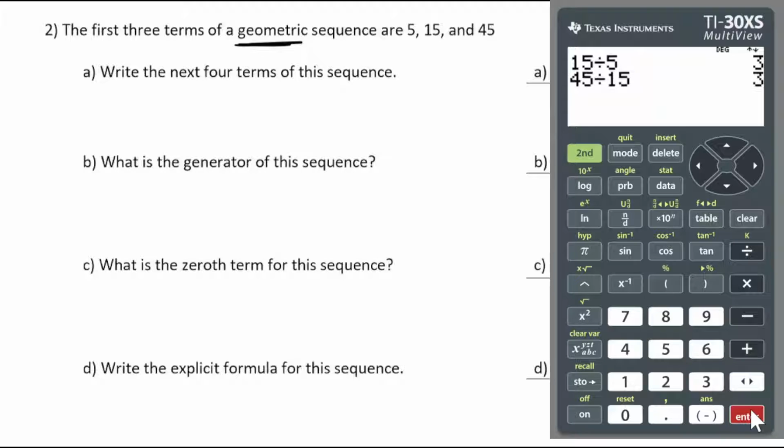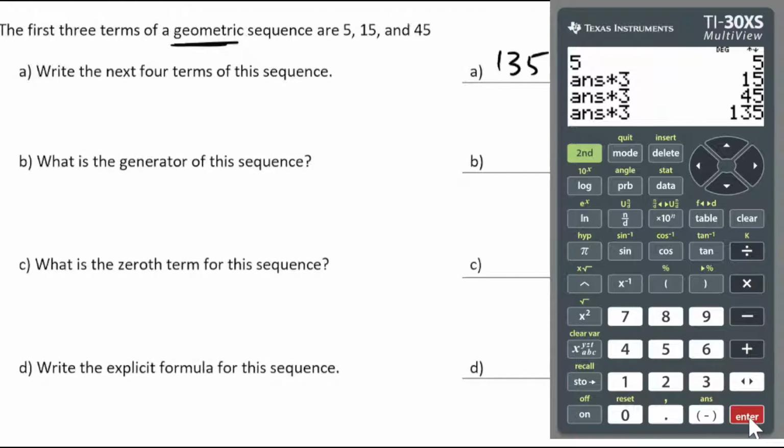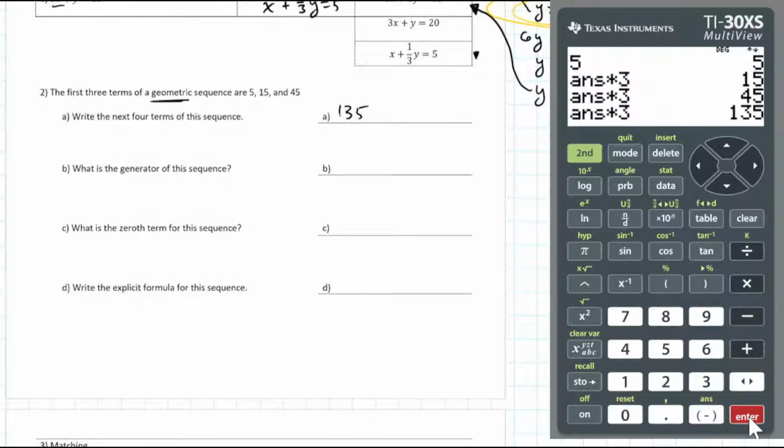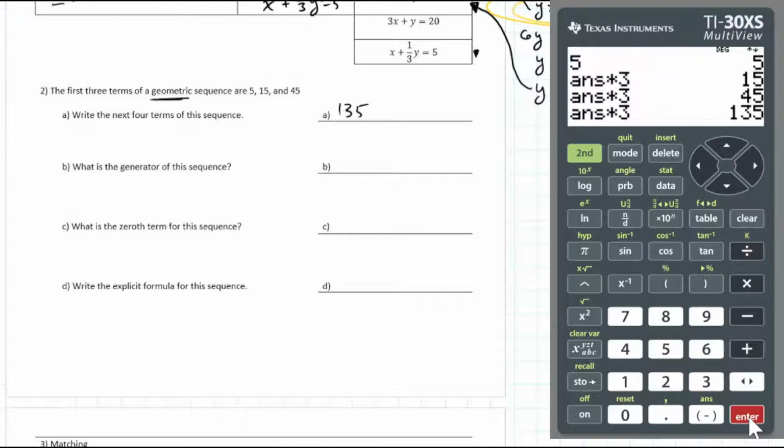The question says, write the next 4 terms of this sequence. Let's start with the first term, 5. I'll hit 5 and press enter, and every single time I go forward, I multiply by 3. So 5 becomes 15, becomes 45, and then the next term would be 135. Multiplying by 3 again, I get 405.